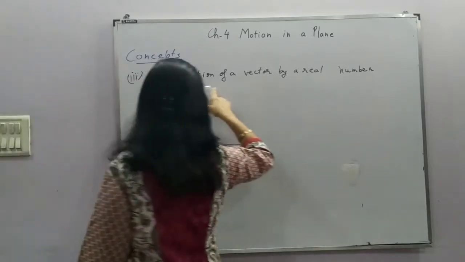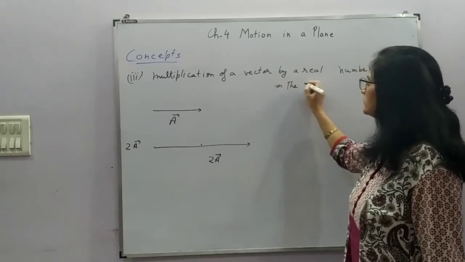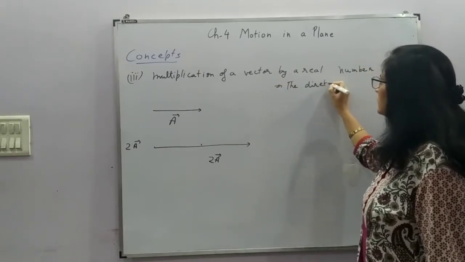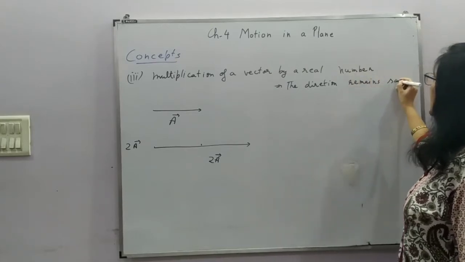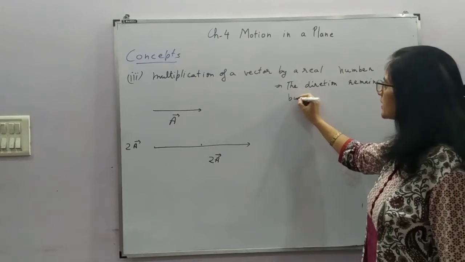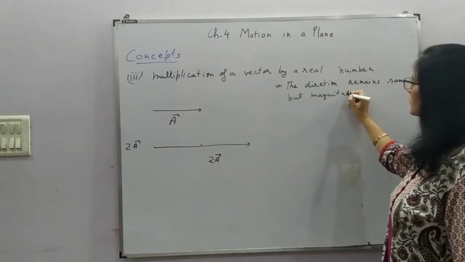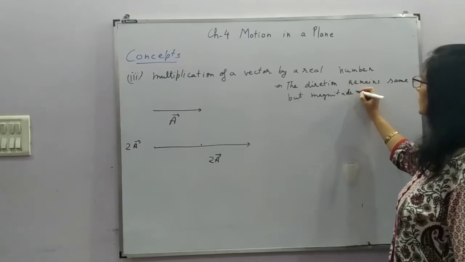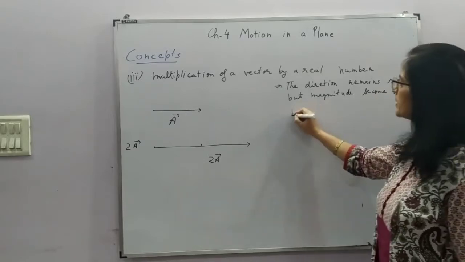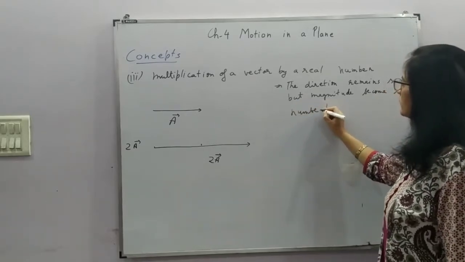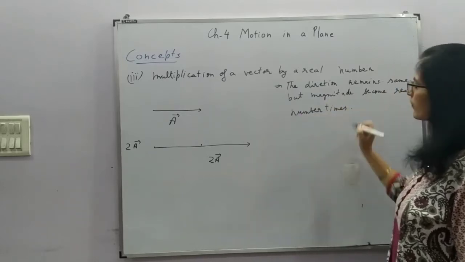So you can say when we multiply a vector by a real number, the direction remains same, but magnitude becomes real number times, right?